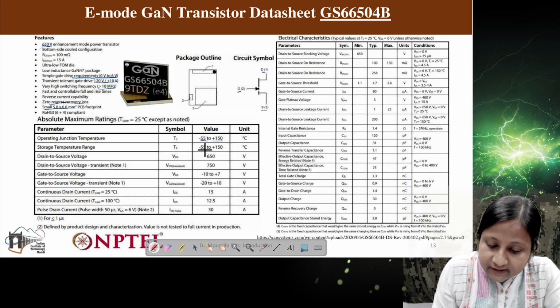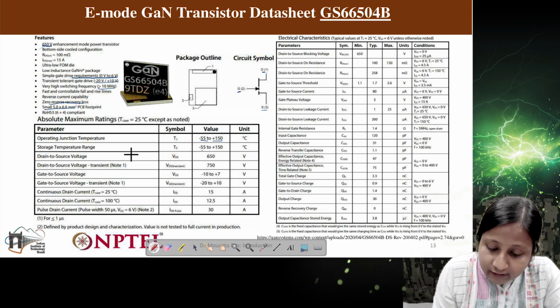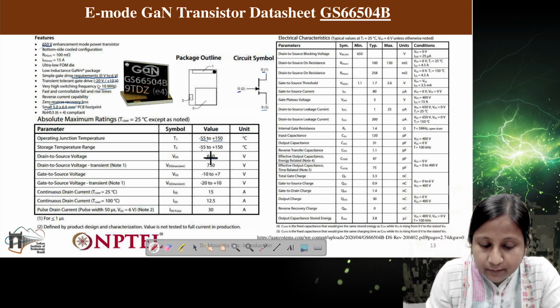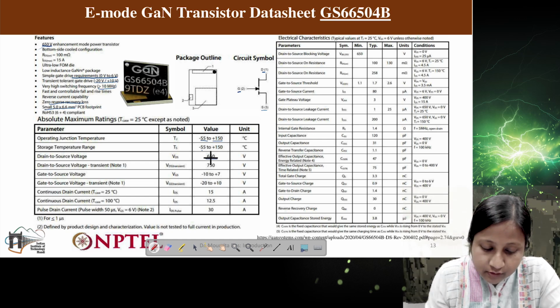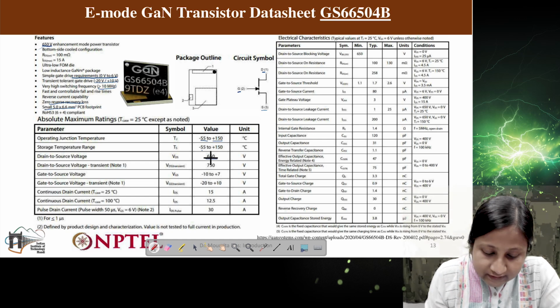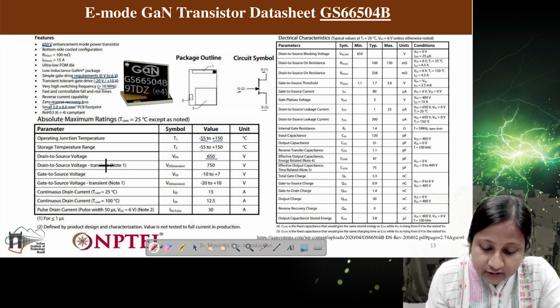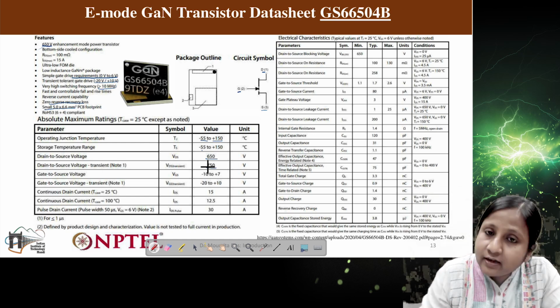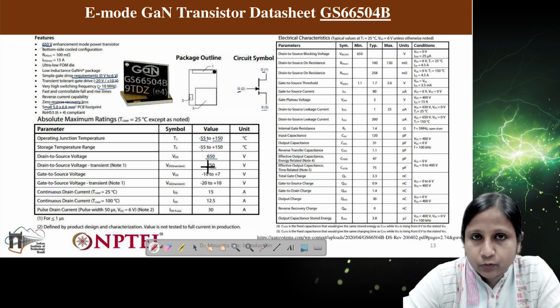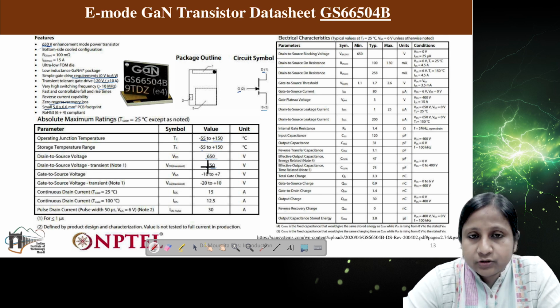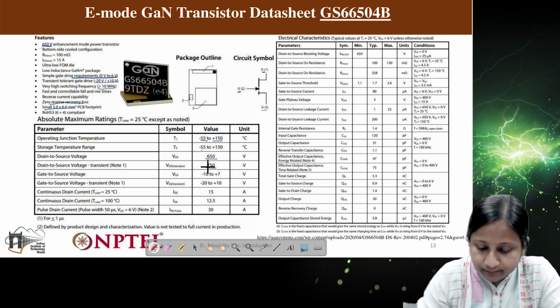And storage temperature is also same, and drain to source voltage, as I have already told you, 650 volts. Now this drain to source voltage during transient condition can also be 750 volts. If there is any spike of 750 volts, still the device can survive.